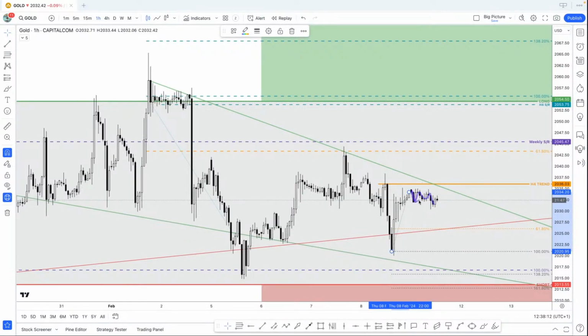Okay, so we have 1, 2, 3. So the wave structure has changed, so now I can draw it. And this is the level which is very close to the counter trend line. This is the level where the price may speed up and go for the target level, that is the 138.2 and the 161.8. So we can see this level below this.